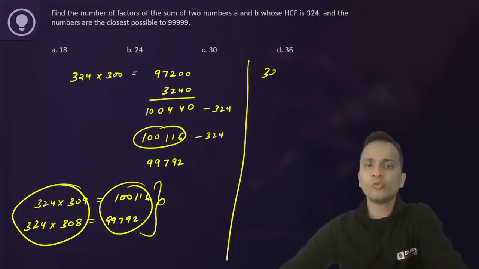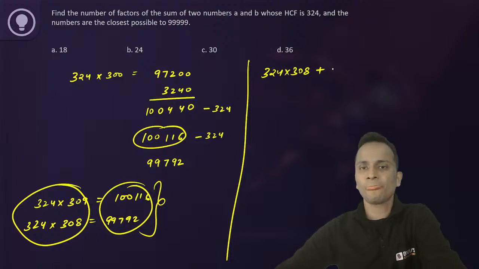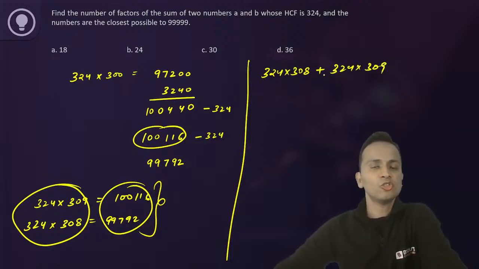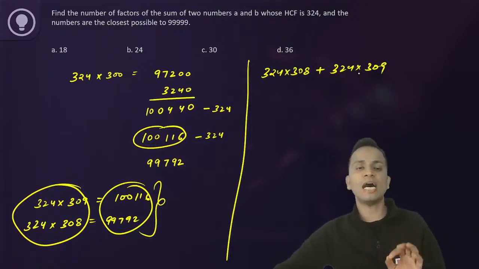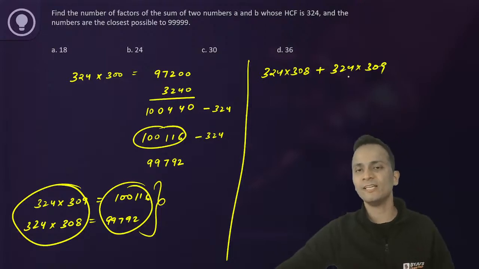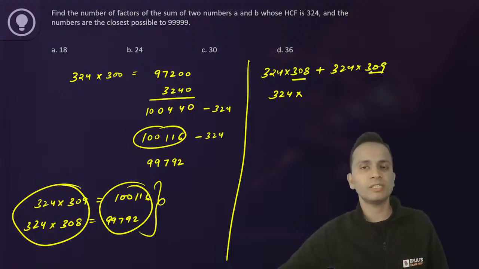So 324 multiplied by 308 plus 324 multiplied by 309. So the HCF of these two numbers is 324 and these values are near to 99,999. Add कर देते हैं. So it will come out to be 324 multiplied by 308 plus 309.